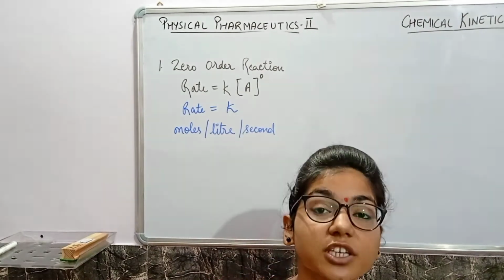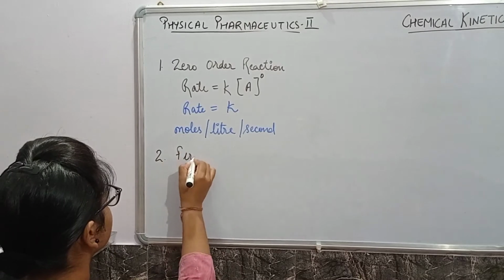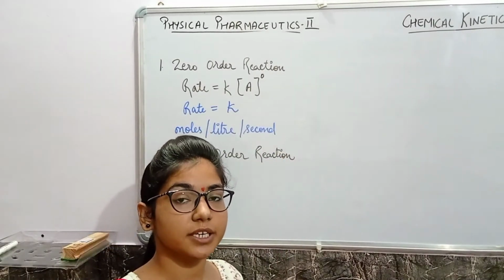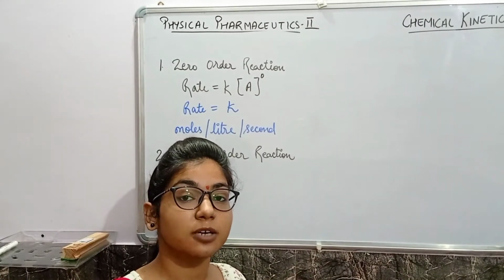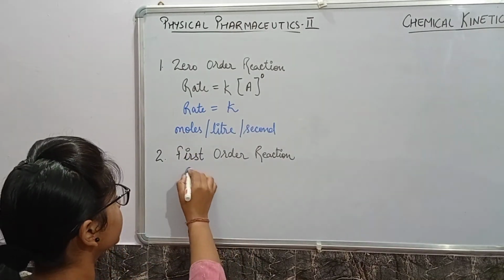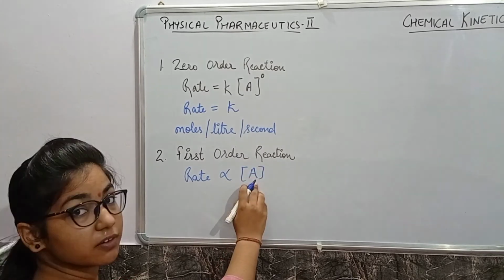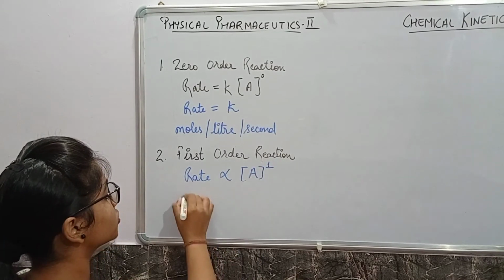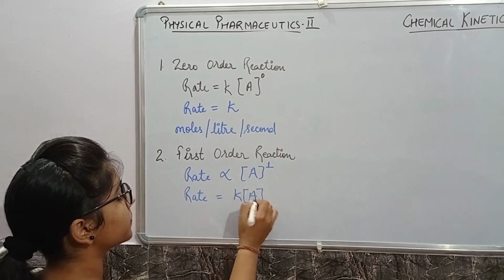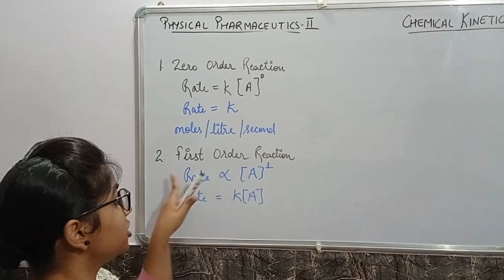Second one is first order reaction. As the name indicates, the sum of power of concentration is 1. That means the rate is directly proportional to the concentration and the power of concentration is 1. So rate is equal to k times the concentration. Here concentration has a major role in deciding the rate of reaction.